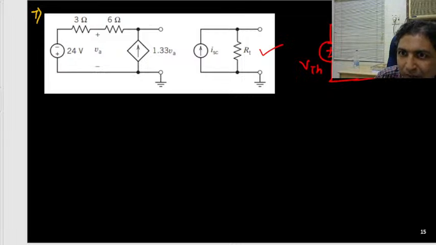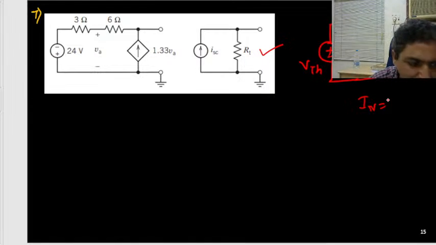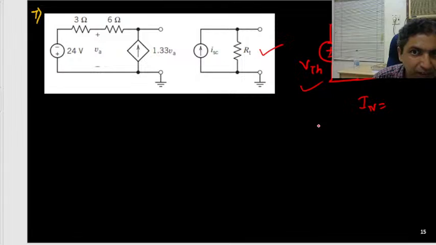Then you can easily convert it to I Norton and RTH. So you can use source conversion. So this will be your VTH by RTH, and this is the same RTH. So Thevenin and Norton you can find out, right?